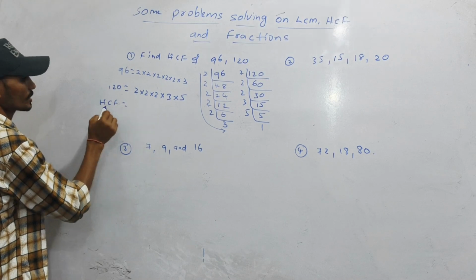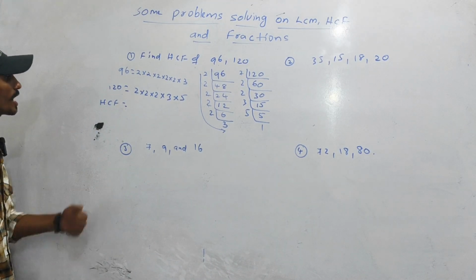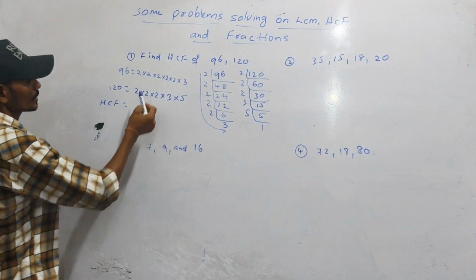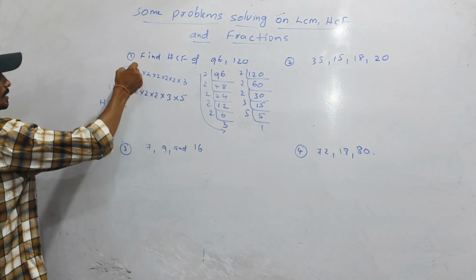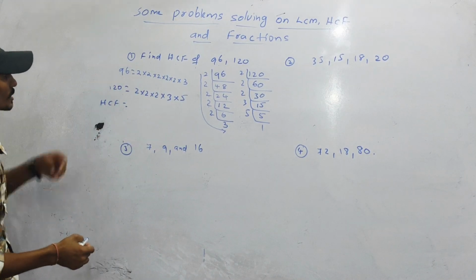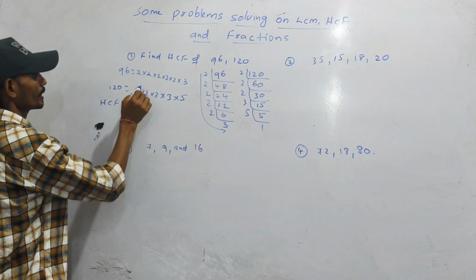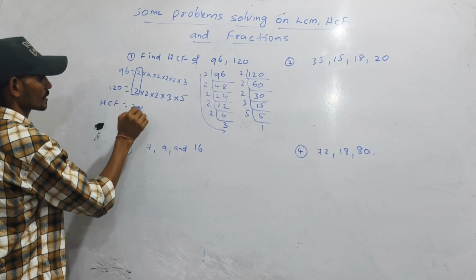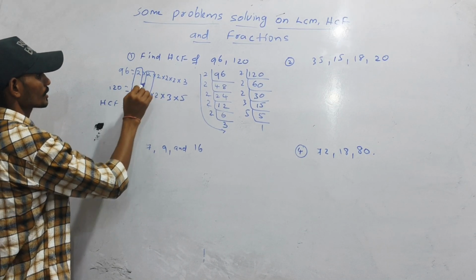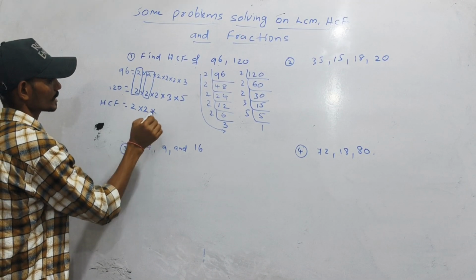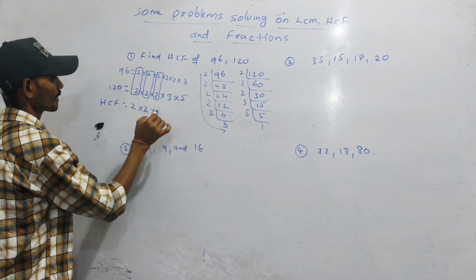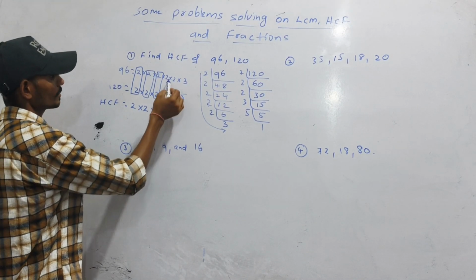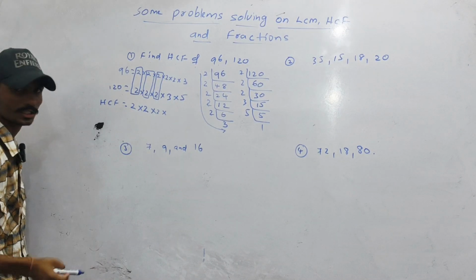So what is the HCF? HCF is the highest common factor. So check among these two numbers what the common factors are. Here 2 is a common factor. Again 2 is a common factor. Again 2 is a common factor. Next, again 2 here, but in this one there is no 2.